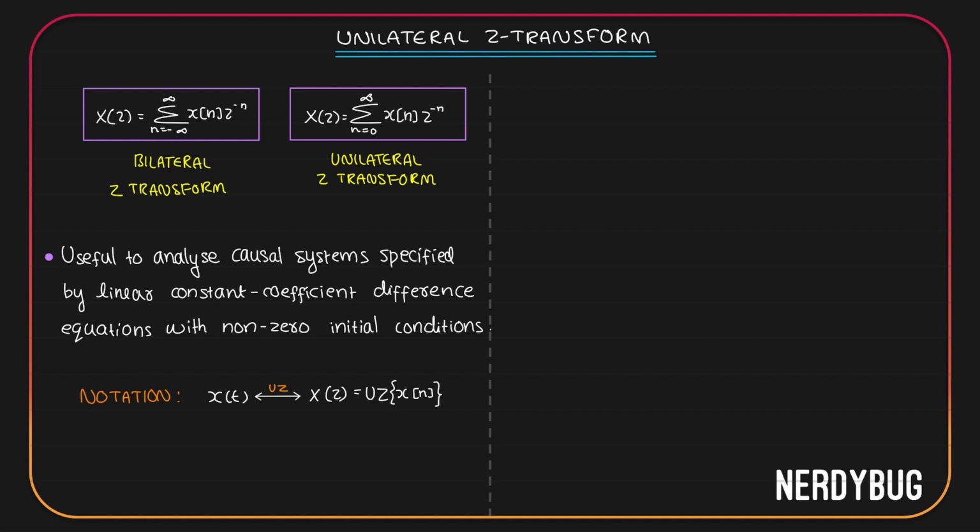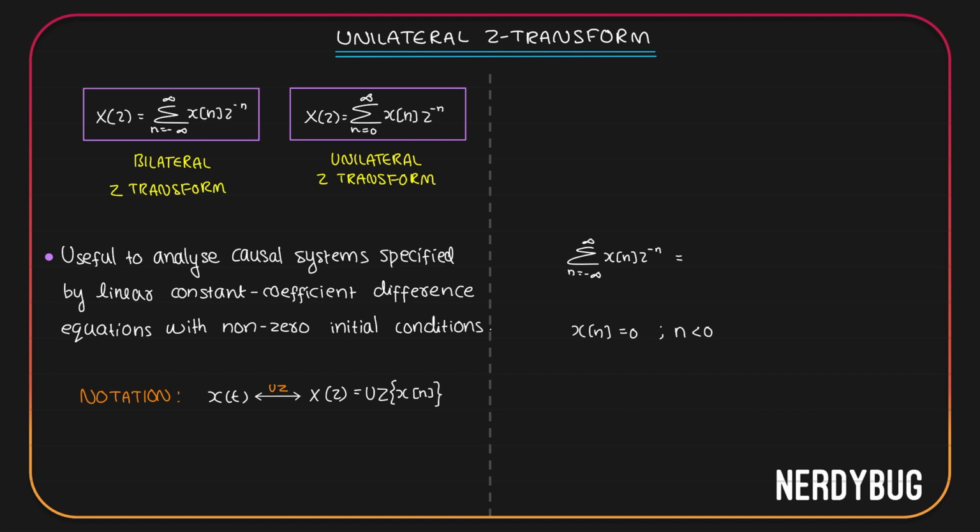Now, let us take the bilateral Z transform of a signal x[n]. It is the summation from n equals minus infinity to infinity of x[n] z^(-n). Assume x[n] is equal to 0 for all values of n that is less than 0. That means we don't have to take the summation from minus infinity, we can just take it from 0.